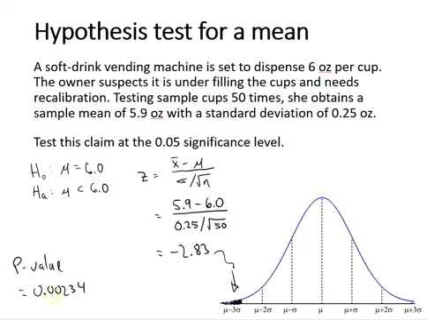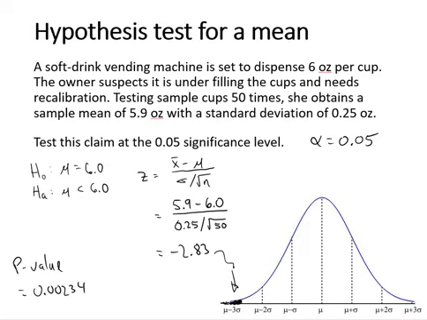There's only a 0.00234 probability that we would get a sample mean of 5.9 from a sample of 50 cups if the true mean was actually 6. Because we're testing at the 0.05 significance level, that's our alpha equals 0.05, we conclude the test by comparing the p-value to alpha.